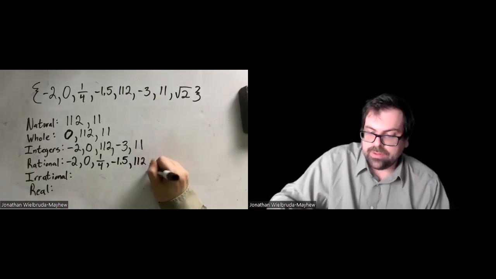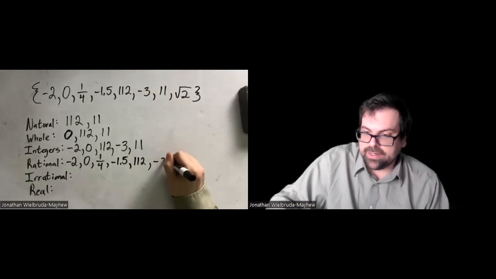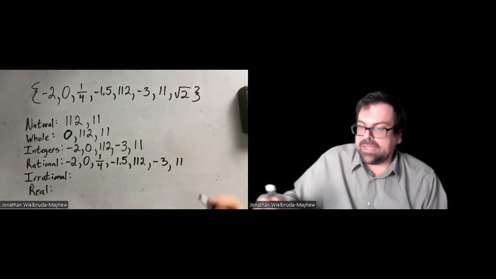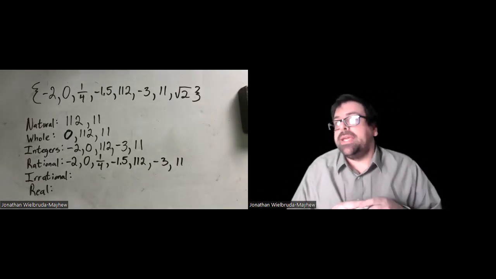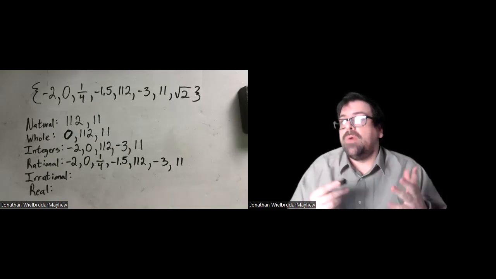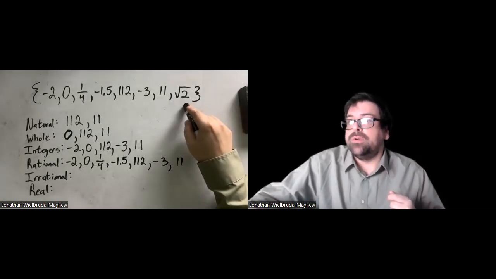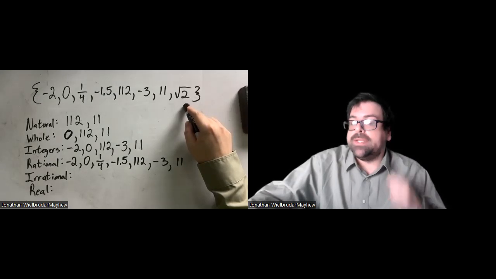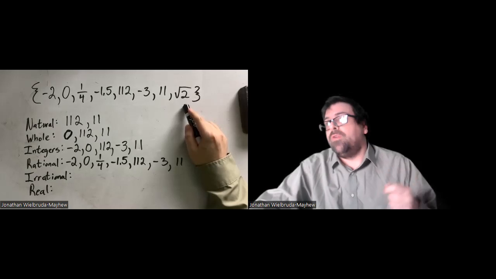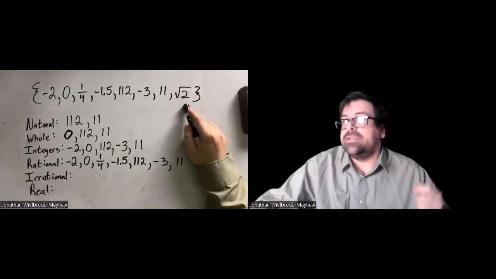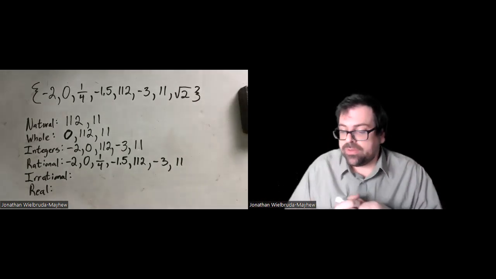112, -3, 11. And just because we see the square root sign doesn't mean it's not rational. We have to look underneath the square root and see, are we taking the square root of a perfect square? Are we taking the square root of 1, 4, 9, 16, 25, so on and so forth?